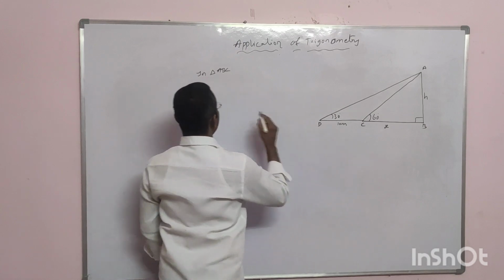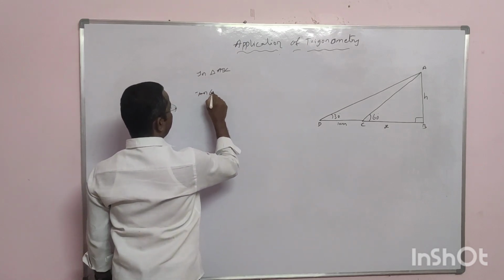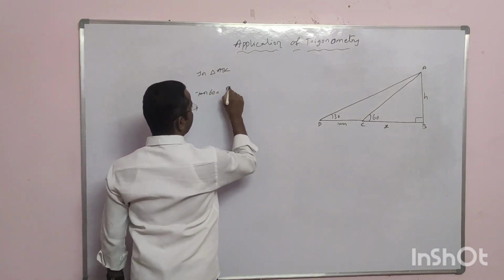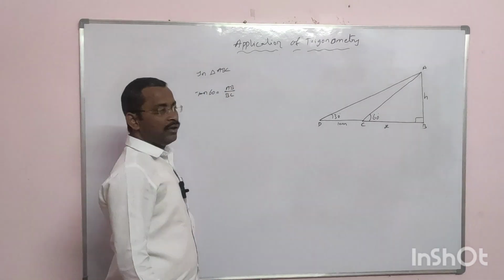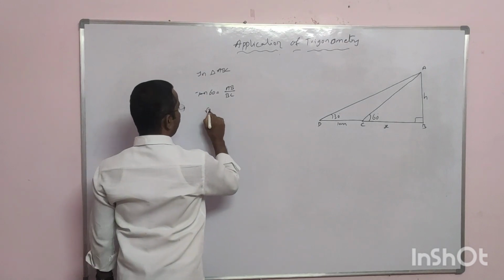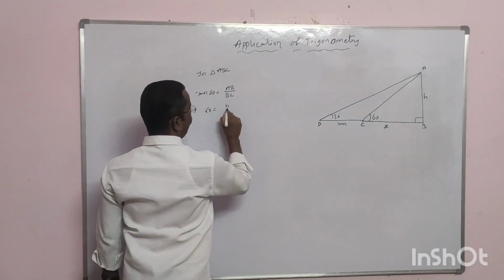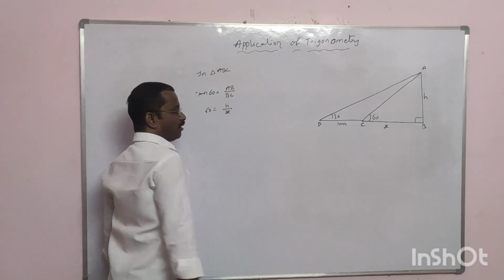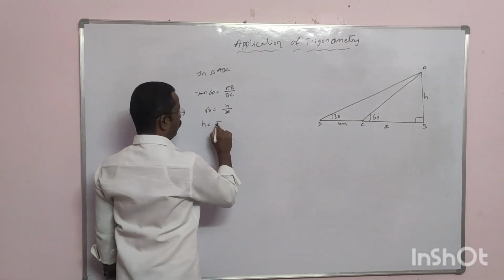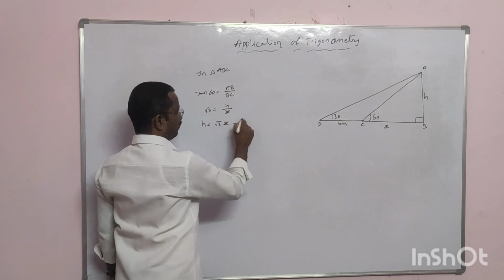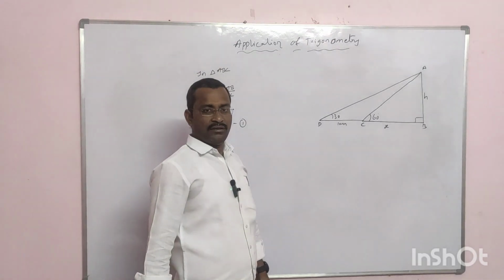In ABC, I am going to find tan 60 is equal to opposite, AB, over adjacent, BC. Tan 60 means root 3. AB is H, BC value is x. Then H is equal to root 3 x. Say it as number 1.